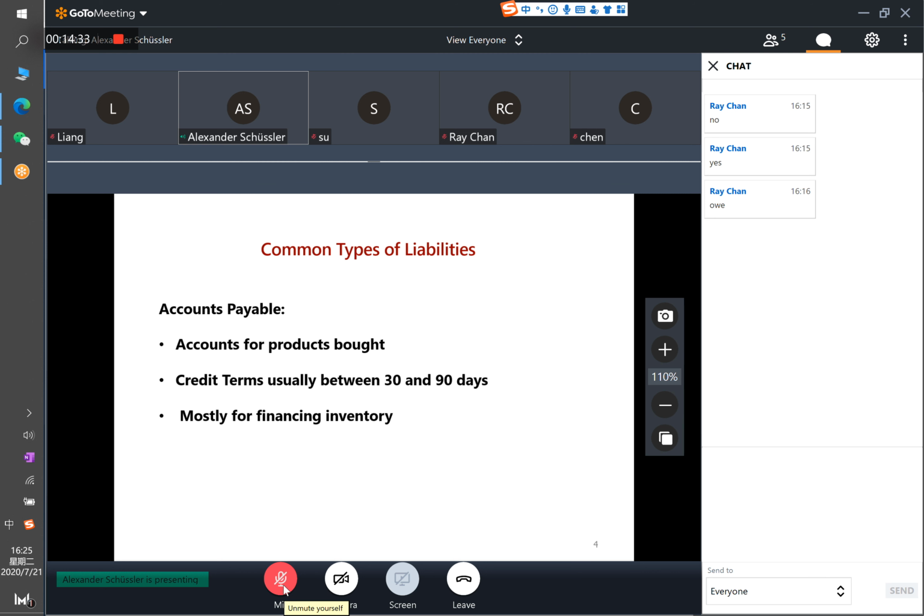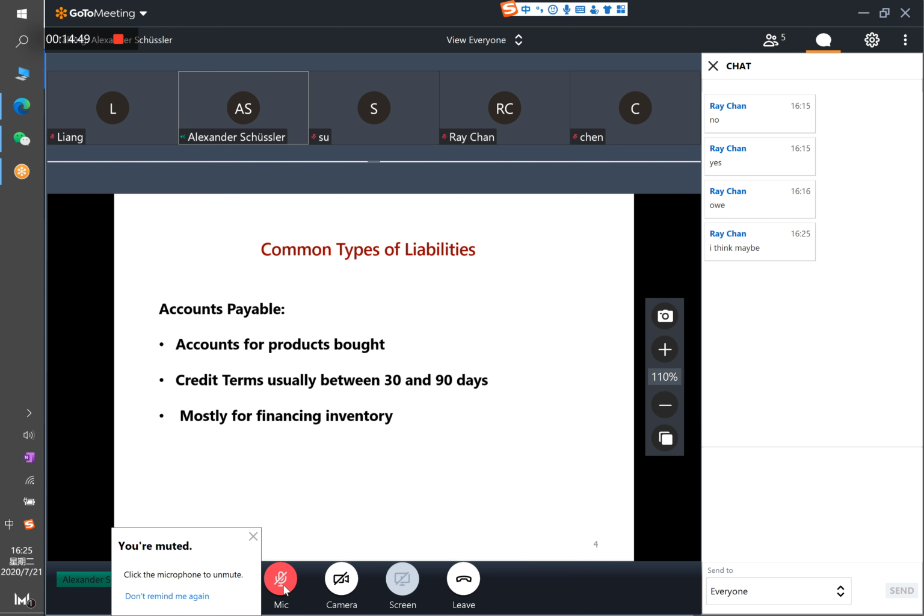Or also Baidu. Baidu is also a retailer. So they have also a lot of accounts payable, probably.